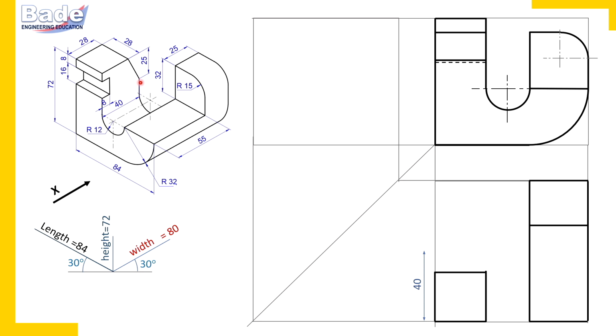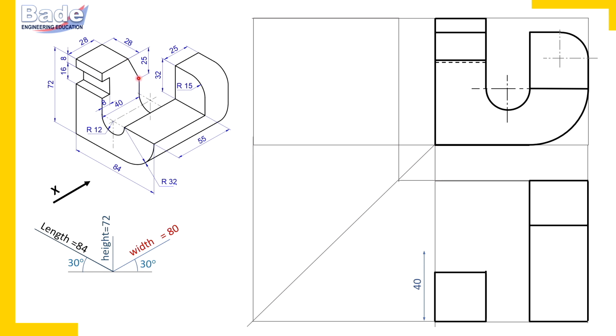Try to understand. The edge through this corner, which is parallel to length, we have already drawn as a hidden line. So the same edge in the top view we are going to draw, but in the top view it is not hidden. Because the portion nearer to the observer, when the observer is watching from top, is 28 millimeters wide.